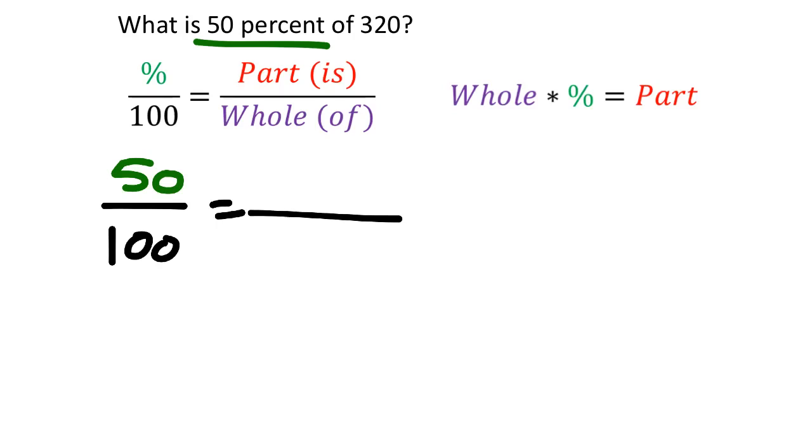The other thing for the part and the whole I need to look for is these two words. Now I do see the word is, but it told me it is a percent, so I'm not saying that it is 50. But what I do see is this of 320. So since it's of 320 and the whole is the of, then the 320 is the whole.